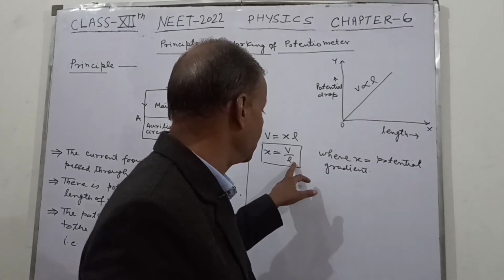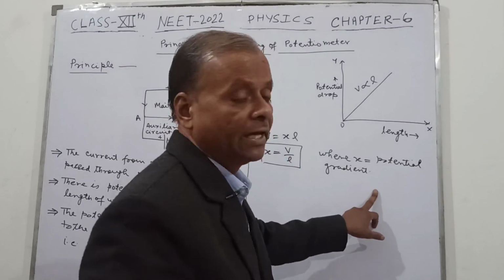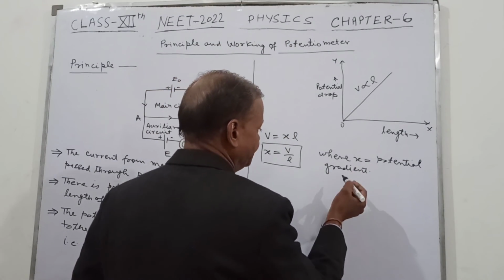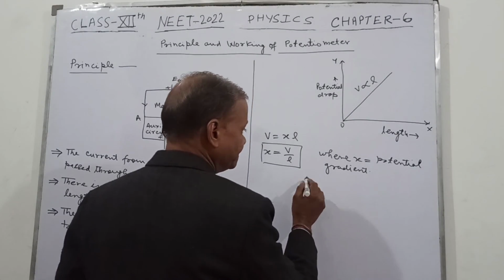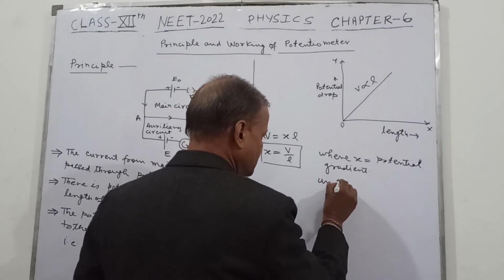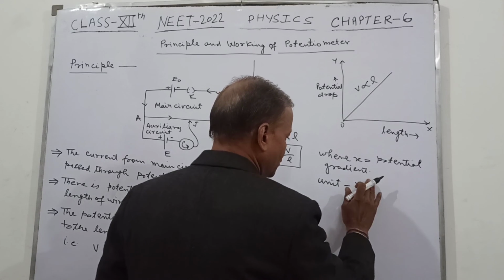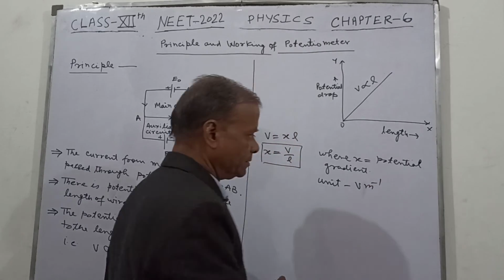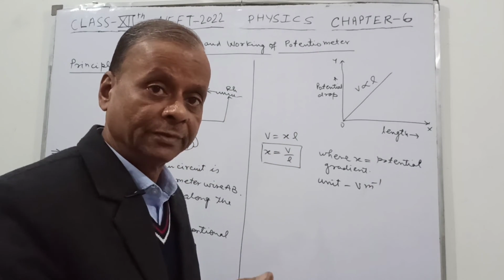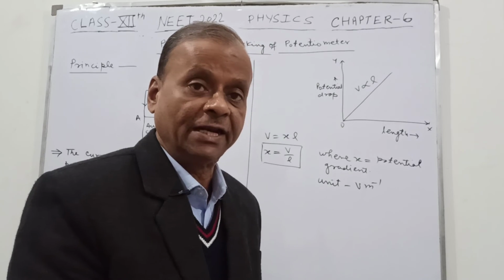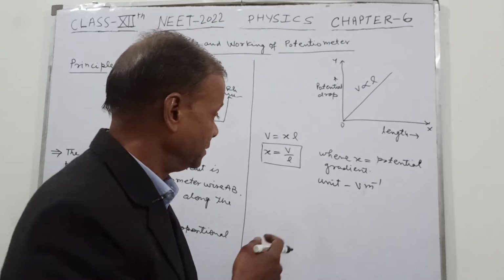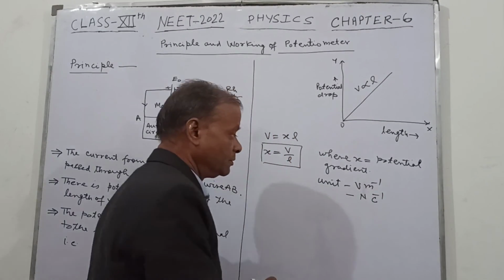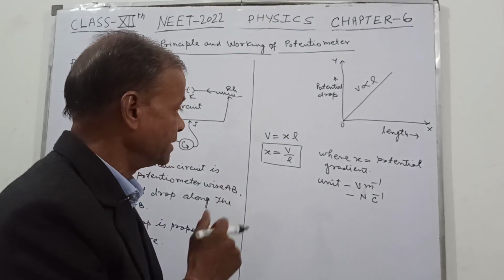So this is the potential gradient, X equal to V upon L. The unit of this X is volt per meter. And this is also what the electric intensity or the electric field is, so we also measure it in Newton per coulomb. This is another unit of this potential gradient.